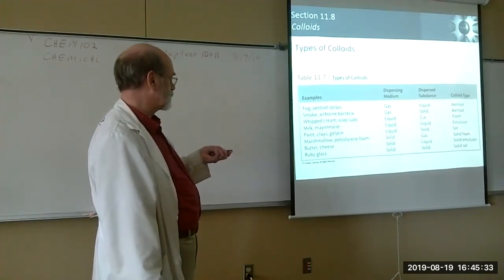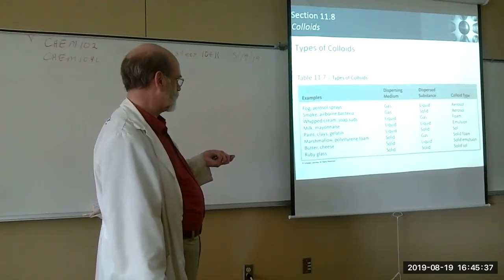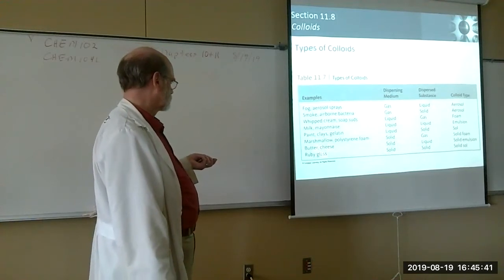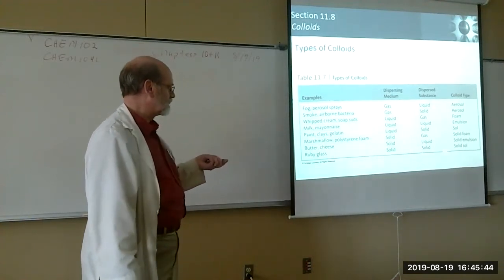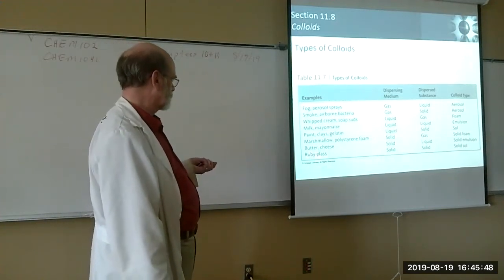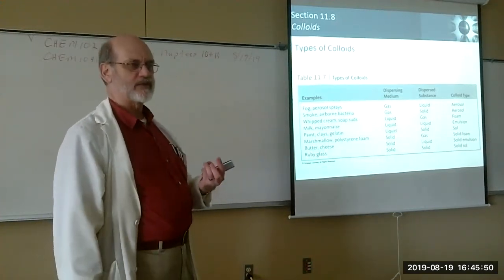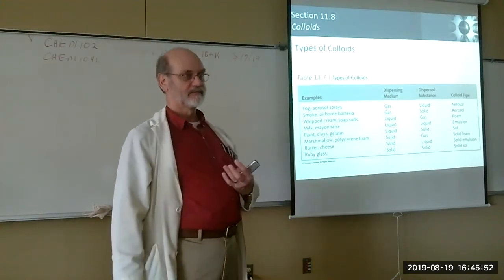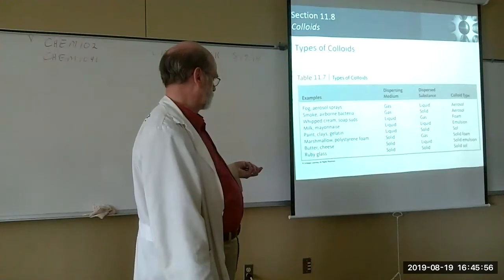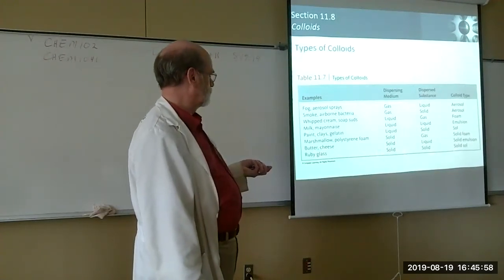Right? This was a liquid foam. This is a solid foam. A liquid in a solid is a solid emulsion. And a solid in a solid is a solid, ruby glass. So probably the first laser that was ever developed, the ruby laser, was a solid salt.